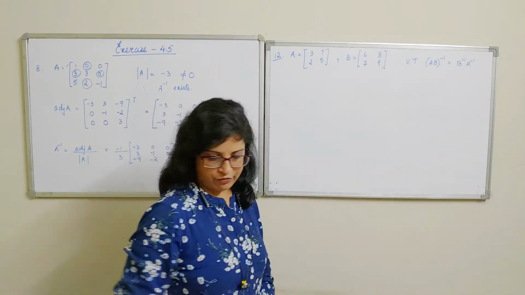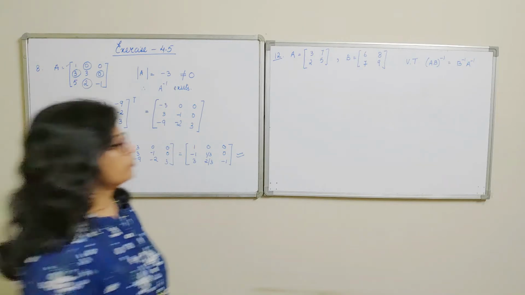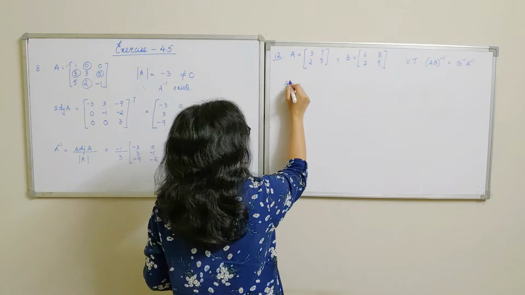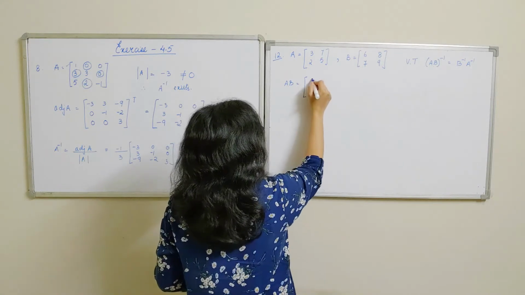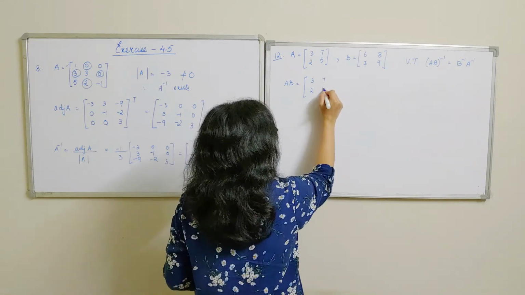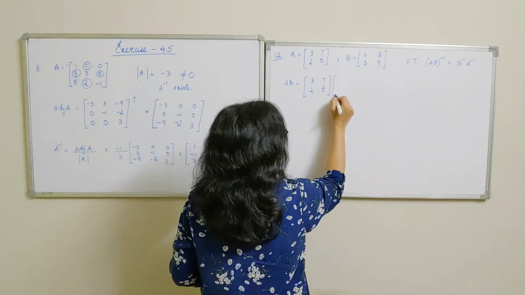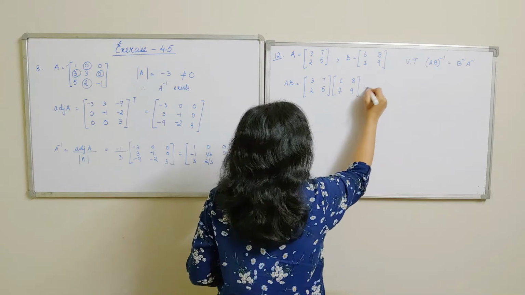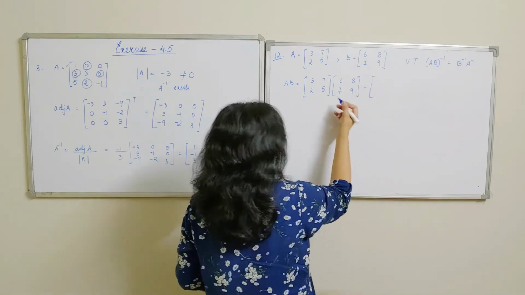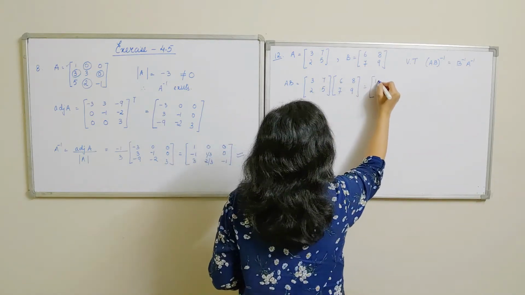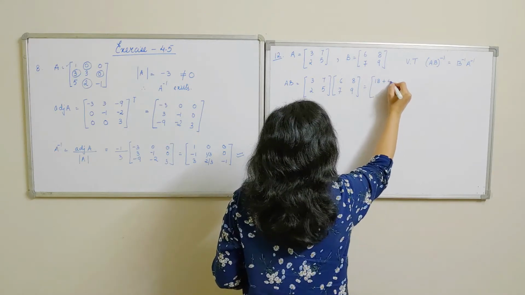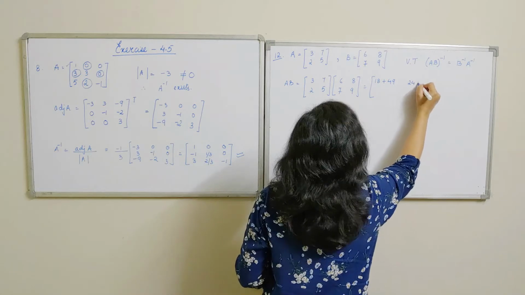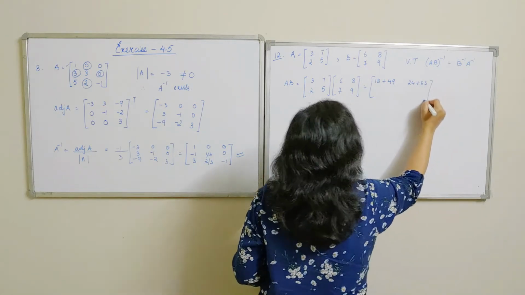Now to verify this, let us first of all find out the product AB. So 3, 2, 7, 5 multiplied by matrix B. Both are square matrices of same order, so multiplication is easily possible. So this element is 18 plus 49, and this element is 24 plus 63.